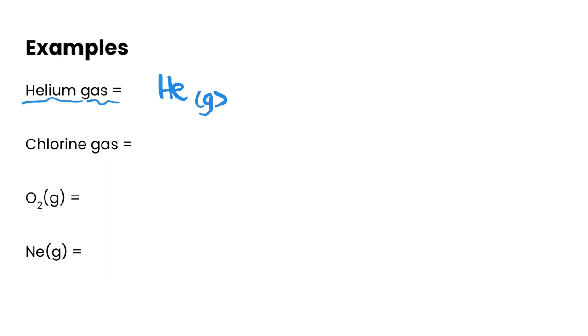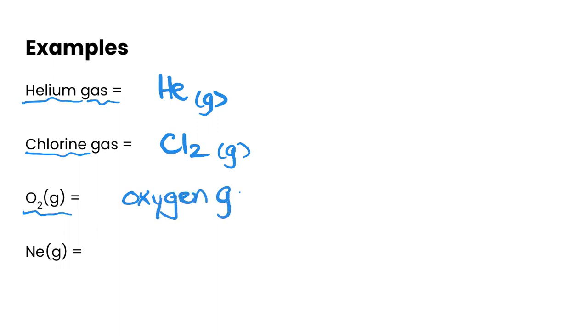Chlorine gas, recognizing chlorine is one of the diatomics, so that's Cl2, and again, it's a gas. If we have O2 as a gas, that's oxygen gas. And then Ne would just be neon gas.